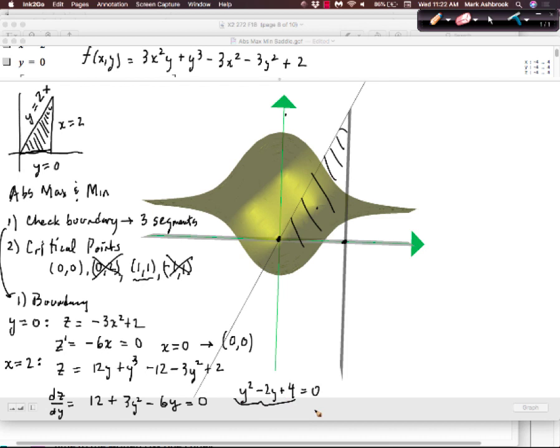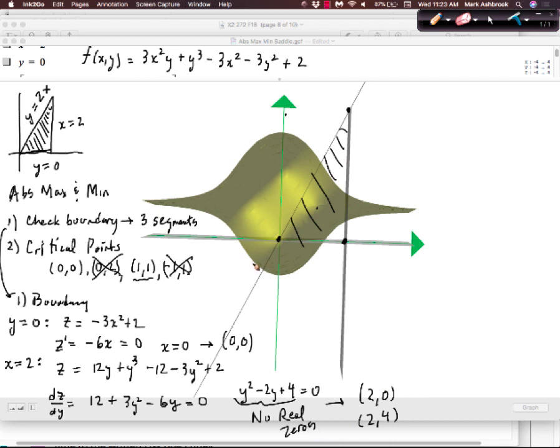Oh no, minus 4ac, no, that doesn't have any real zeros. Okay. So the only thing we get from the x equals 2 boundary is the point 2, 0 and the point 2, 4. We're going to check those for sure. Endpoints, right? Endpoints of that. But there are no critical points along that boundary because there are no real zeros of that little quadratic there.